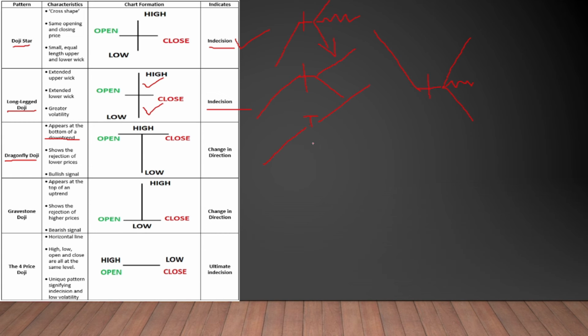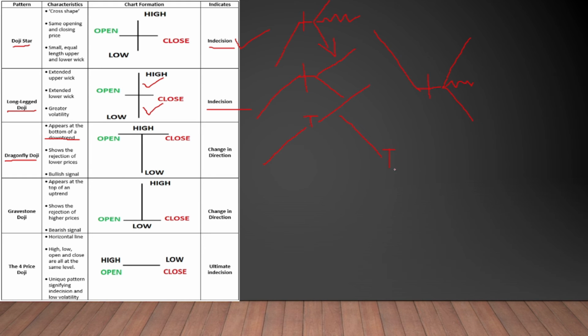But friends, imagine that this dragonfly doji forms in a downtrend. Consider that the previous trend is a downtrend, where bears are controlling the market, and all of a sudden, instead of falling, it has resulted in the formation of a dragonfly doji candle.